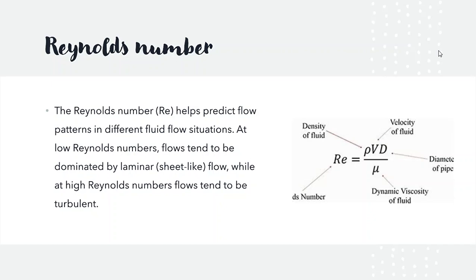The simplified formula is Re = rho V D by mu, where rho is the density of the fluid, V is the velocity of the fluid, D is the diameter of the pipe or the object we are considering for the fluid flow, and mu is the dynamic viscosity of the fluid. Re is the dimensionless number, that is the Reynolds number.